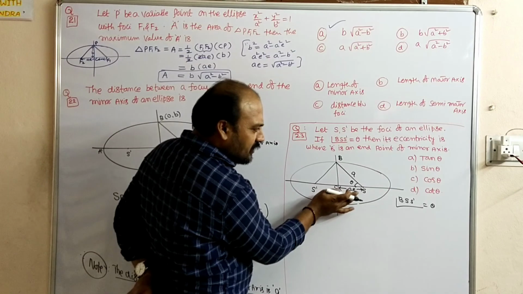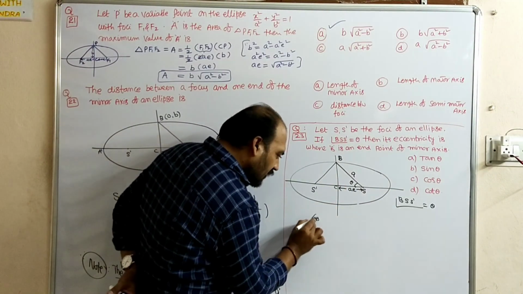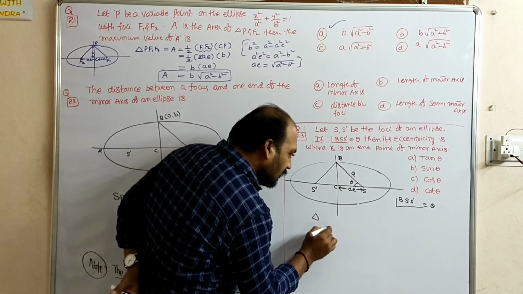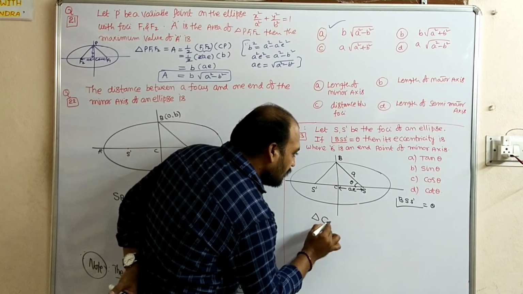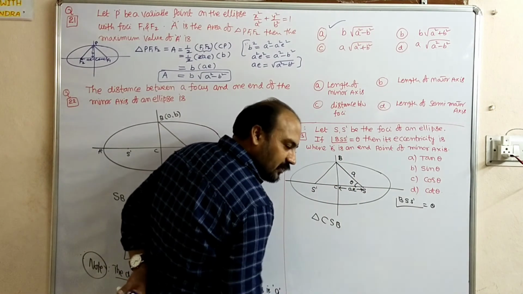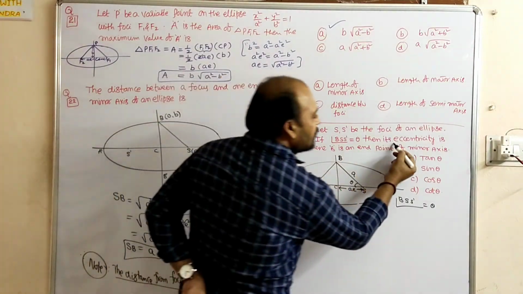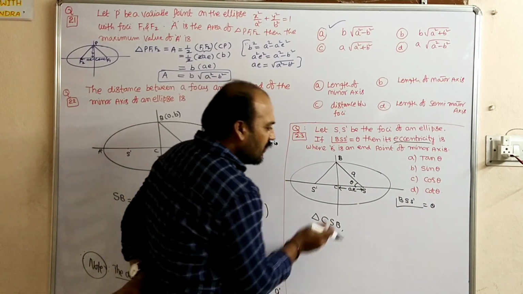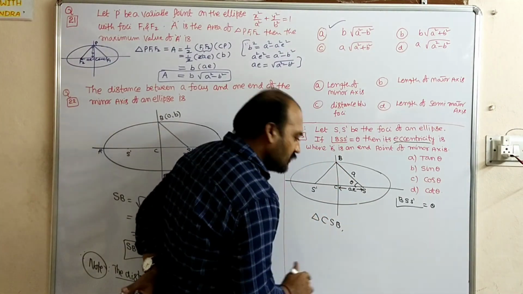What is the relation if you consider this triangle, triangle CSB? If we consider cos theta, we will get the eccentricity. Now they are asking eccentricity. Why are we taking only cos theta? Because adjacent side and hypotenuse are there.